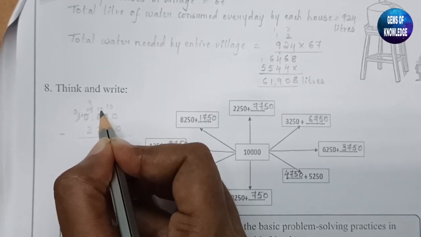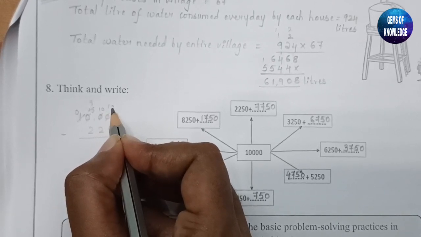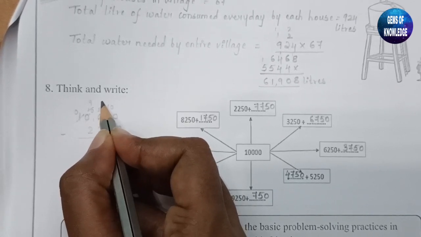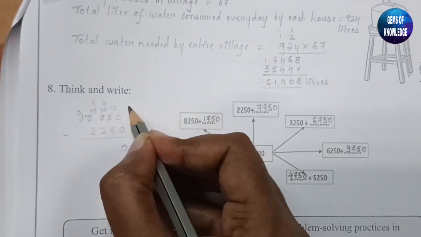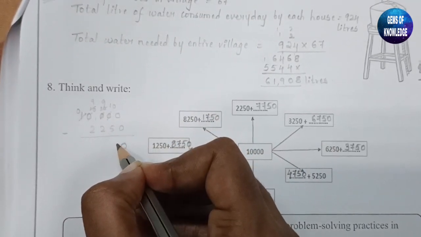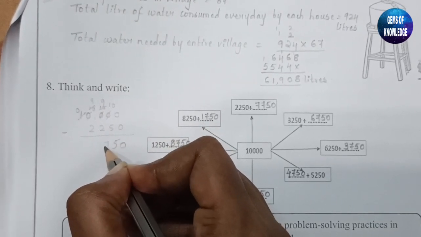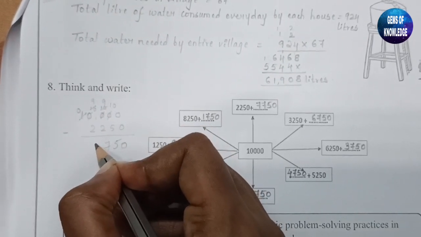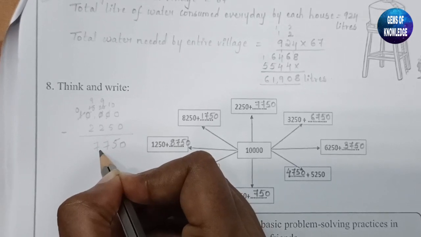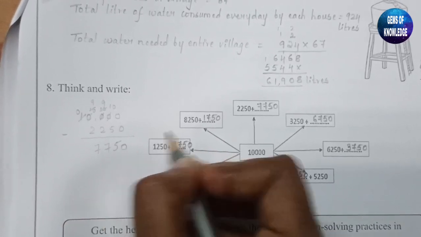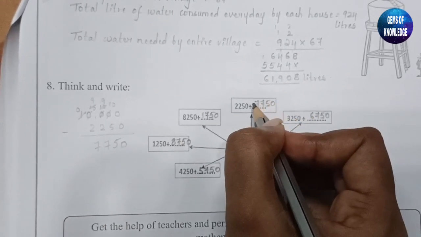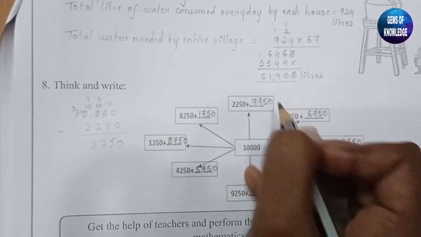Again from here you borrow, it will become 10 and here it will become 9. So 10 minus 5 is 5. 9 minus 2 is 7. Again 9 minus 2 is 7. So you will get the answer 7750.